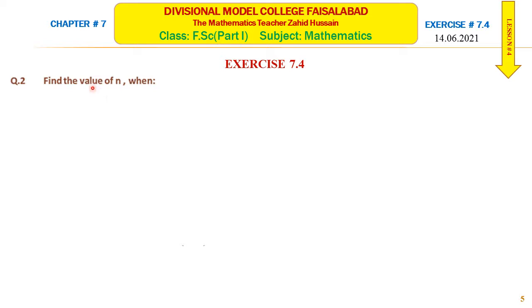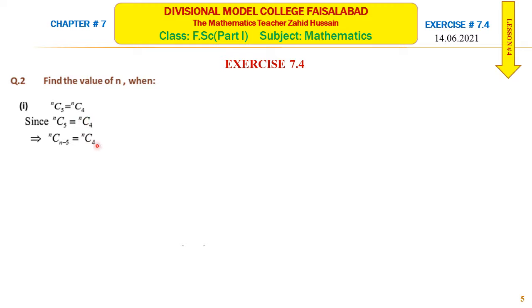Find the value of n when this equation is given: nC5 is equal to nC4, using the complementary combination. We have just studied the formula. Since nC5 is equal to nC4, we can write nC5 as nC(n minus 5).